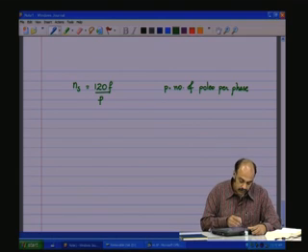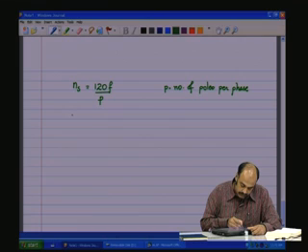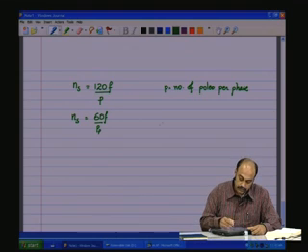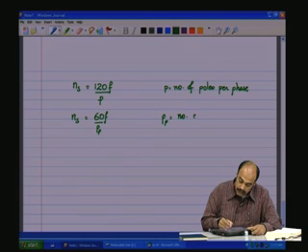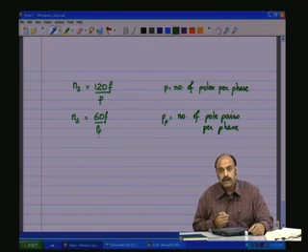So be careful about this. Now here, you can also have 60 f by pp, where pp is number of pole pairs per phase, because these are various formulas that you will find in different literature.